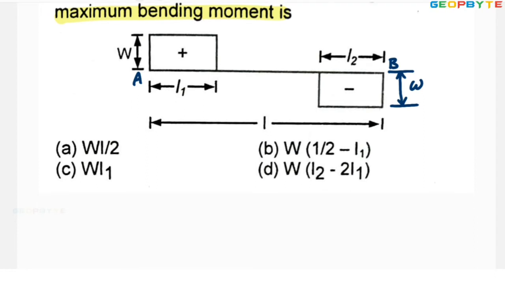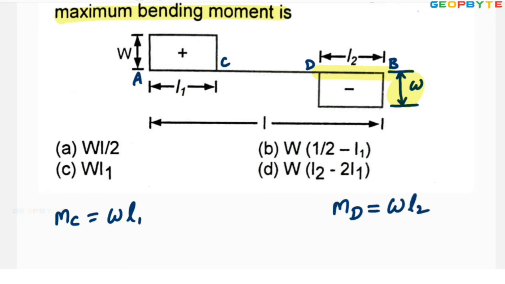Let these be the sections C and D. Bending moment at C equals W into L1. Similarly, bending moment at D equals W multiplied by L2.